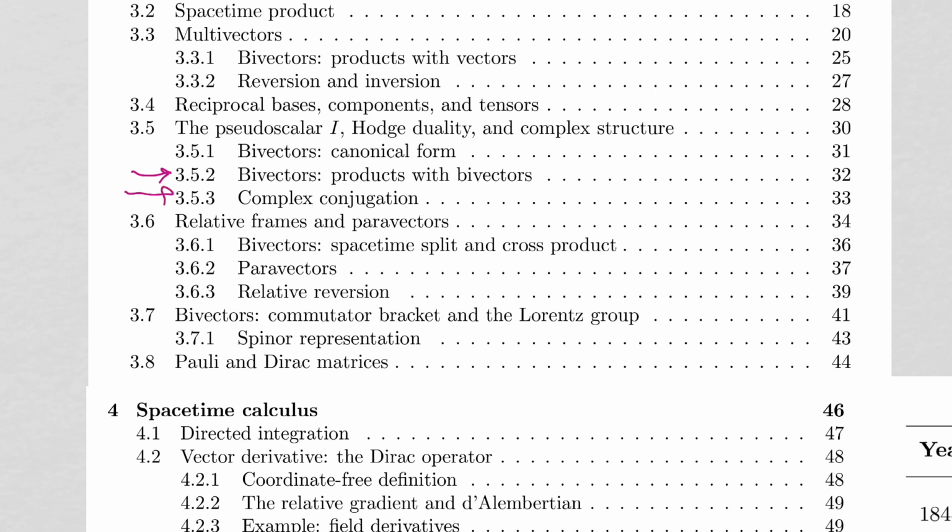And we're going to get through complex conjugation. And then we end up in this very important section about relative frames and paravectors. And I think before we dive into that, we are going to study three-dimensional geometric algebra. And that may take a lecture to cover at the level we need to warm ourselves up to this.